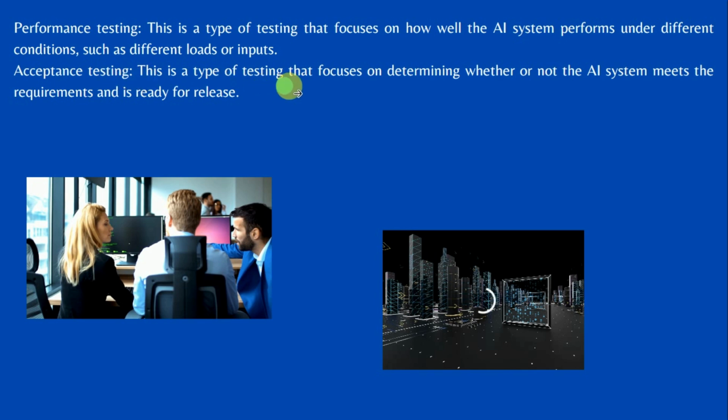Acceptance testing is the type of the testing which focuses on determining whether or not the AI system meets the requirement and it's ready for the release. You know the acceptance, this is the user acceptance testing. So once this testing is performed, then we are ready for the release.